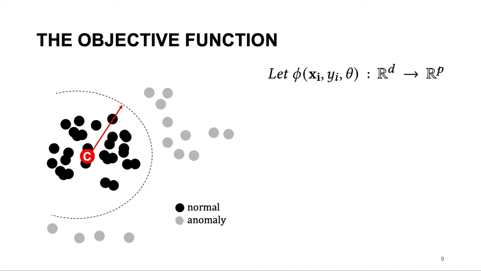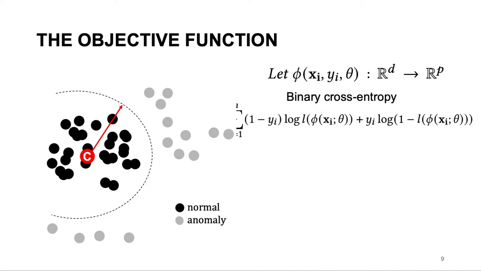This phi is a function or neural network that has trainable parameters theta, which are optimized during the training process. We need to define some form of objective function, and this objective function is in the beginning a binary cross entropy. For binary classification, we always start with binary cross entropy, and this is the standard function.